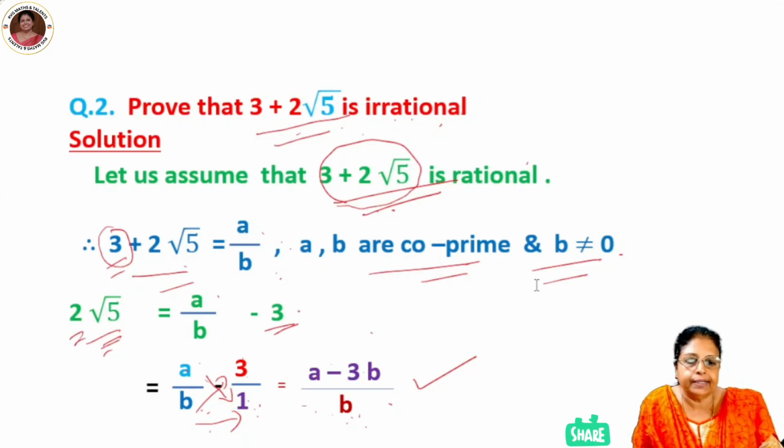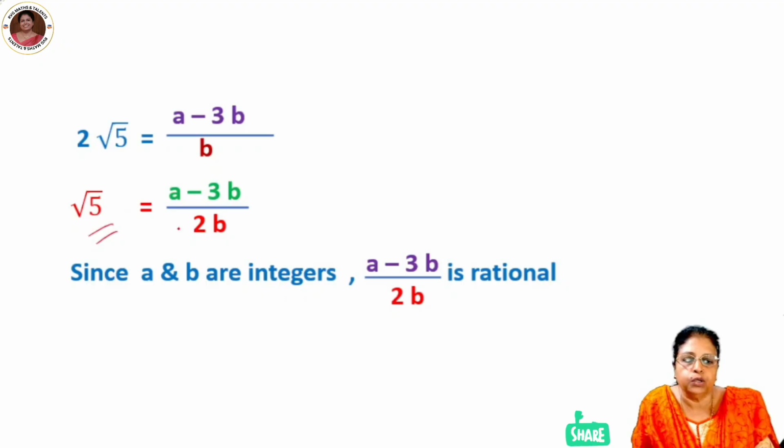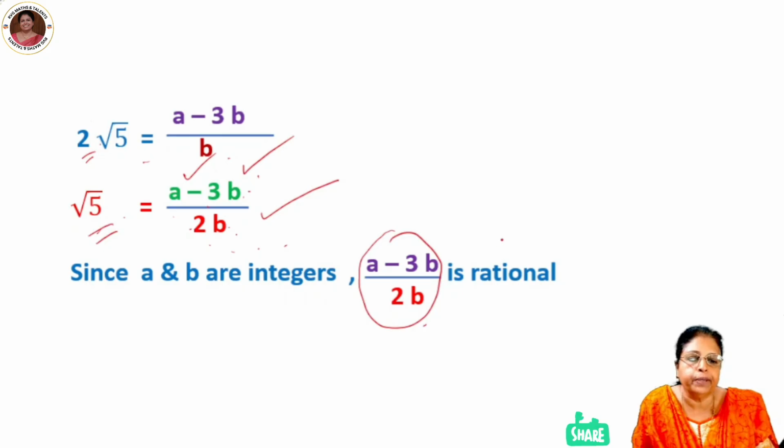So what you will get? Root 5 equal to A minus 3B upon 2B. And see this, A and B are integers here. So A minus 3B upon 2B is rational. It's a rational number. So what we got here? This rational number is equal to root 5.